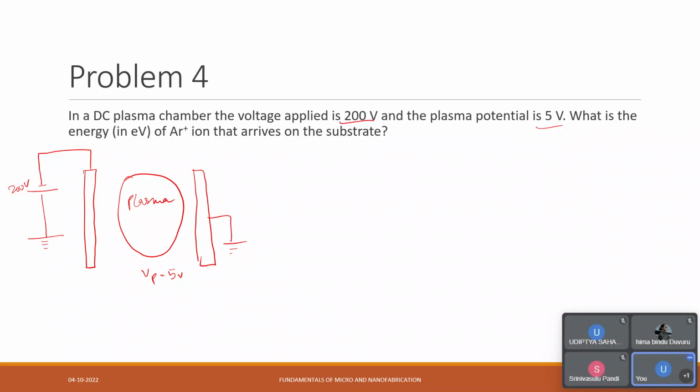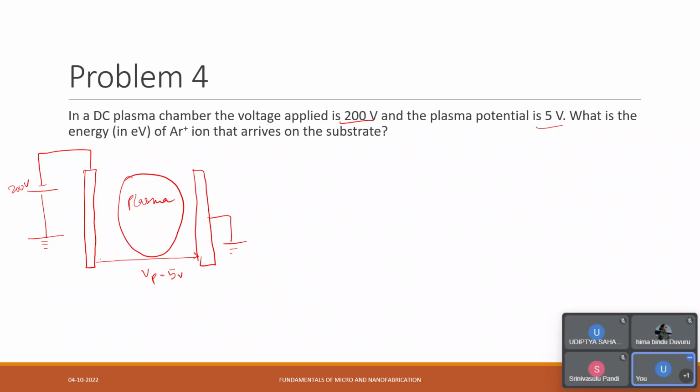Now you can see that the argon has to move from here to here, so you have to tell how much energy it would attain when it goes through this complete path.